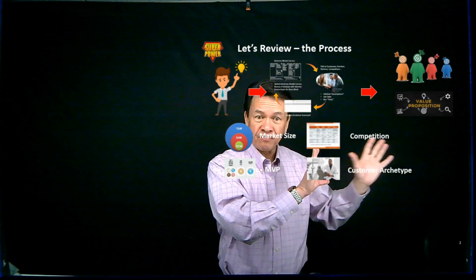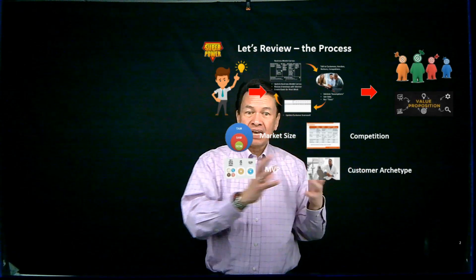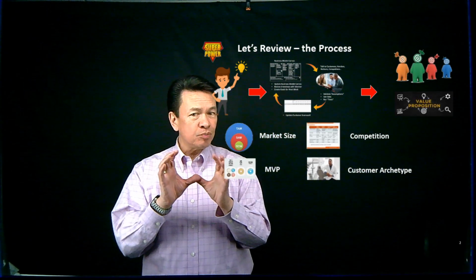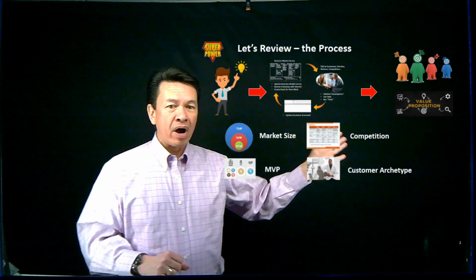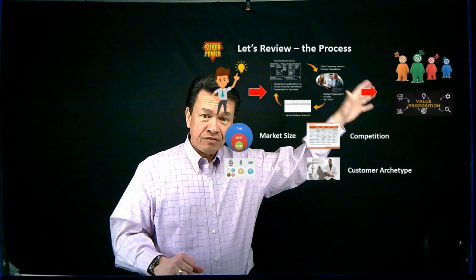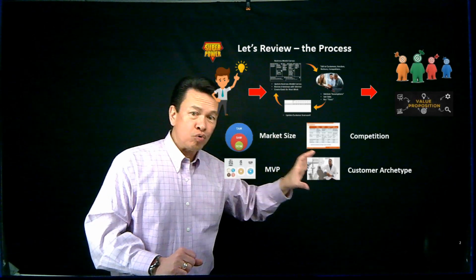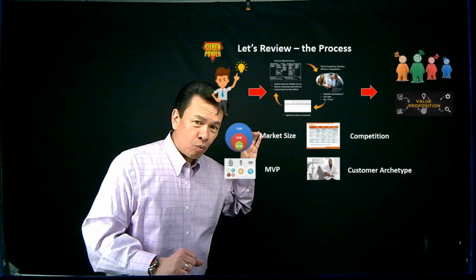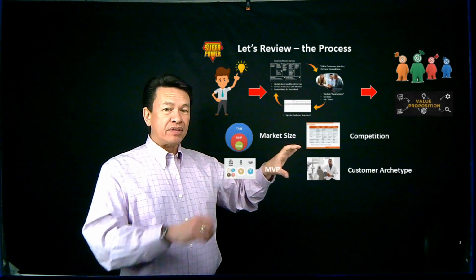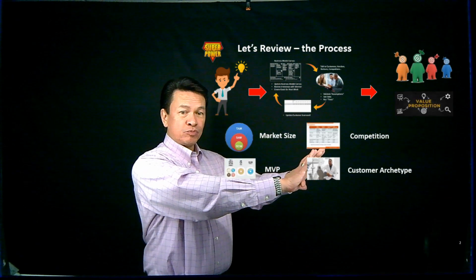And then also define more in detail that customer archetype. Who is that customer? Make that customer come to life. And why does it matter that we understand our different customer archetypes? Because when we go into marketing mode, we need to understand who they are, where they hang out, what influences them, where are they, so we can then, when we do our marketing campaigns, reach out to them, okay?